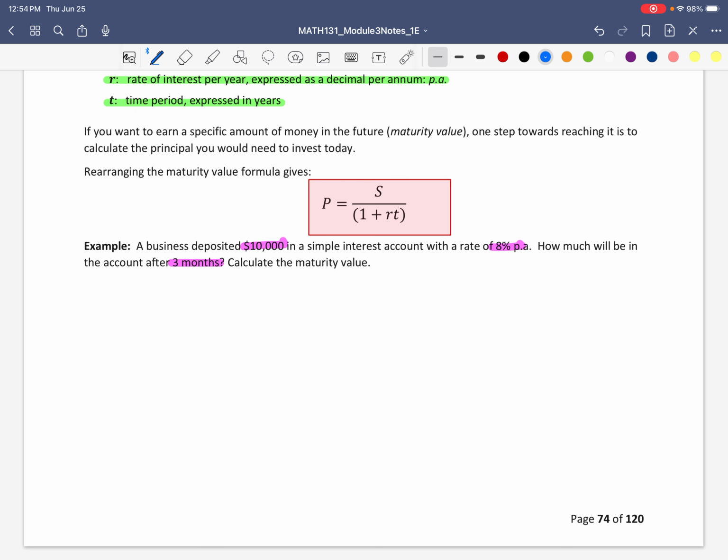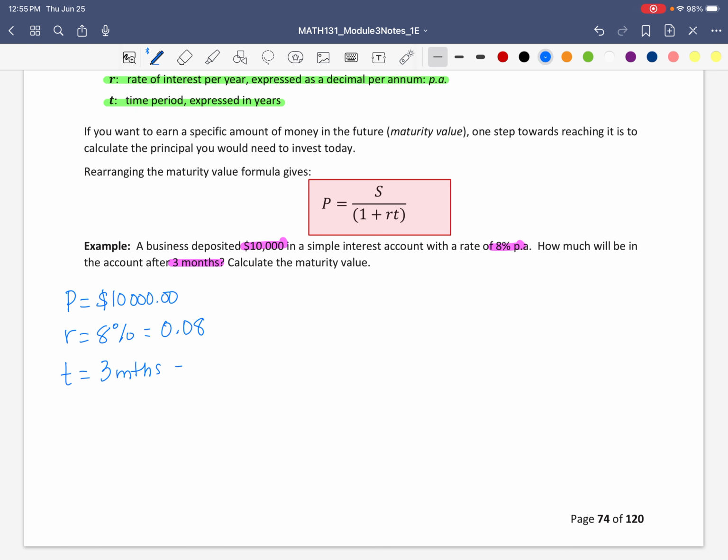All right, so we have our principal, which is $10,000. We have our rate, which is 8%, which again, we're familiar with as 0.08. And then for our time, we're given that it's 3 months.